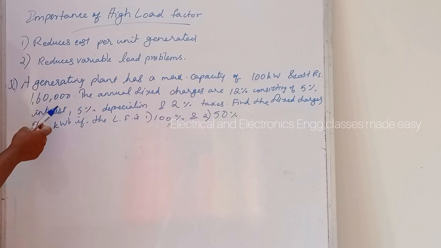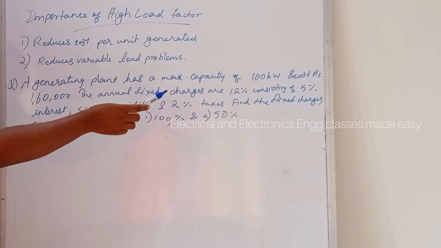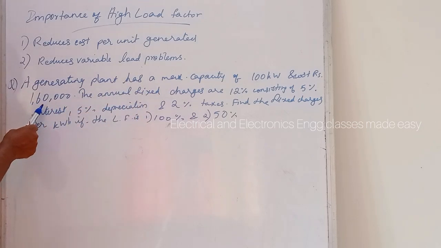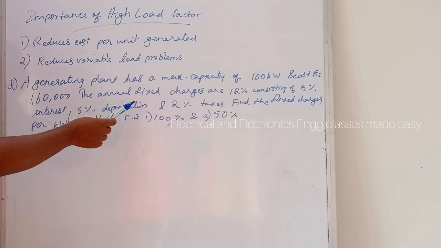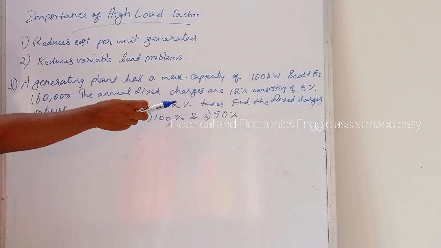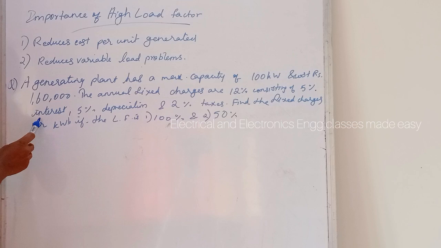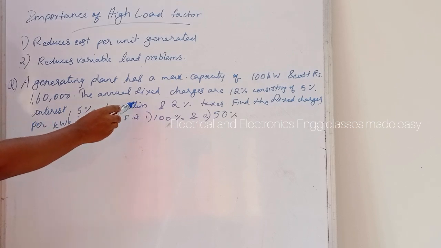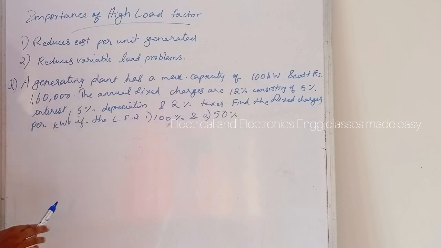So let us do one problem. A generating plant has a maximum capacity of 100 kilowatt and cost rupees 1,60,000. The annual fixed charges are 12% consisting of 5% interest, 5% depreciation and 2% taxes.